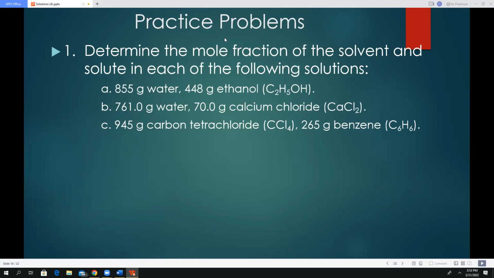Once you did this, of course, you got the right answer, right? Just the bottom and the top. My top is my A, and the XA for me was 0.841.